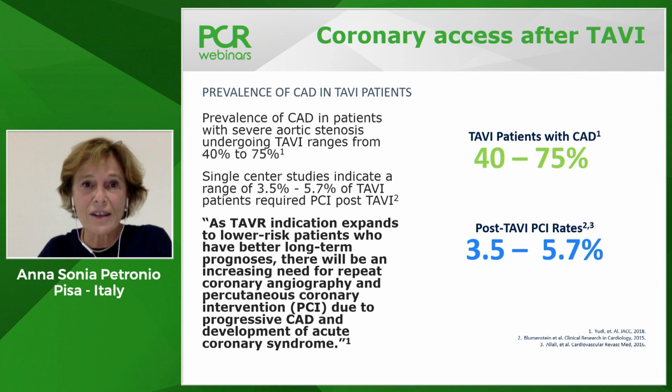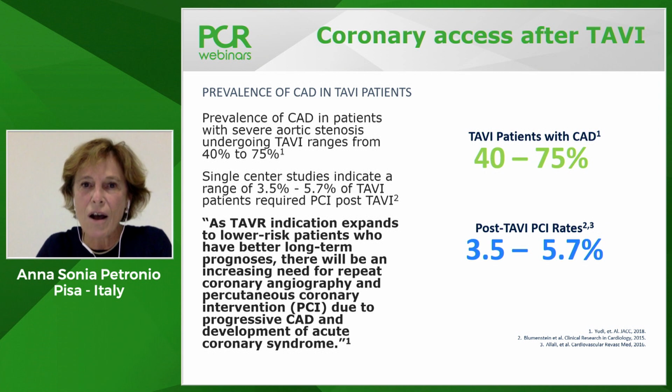So you said that Evolut is in some way risky. Probably it was more the old generation of this valve, much more than the current generation. But I think the problem you underlined with your previous slide is that sometimes referral centers, peripheral centers, have some question marks when they need to perform a coronary angio on a patient that has a TAVI.